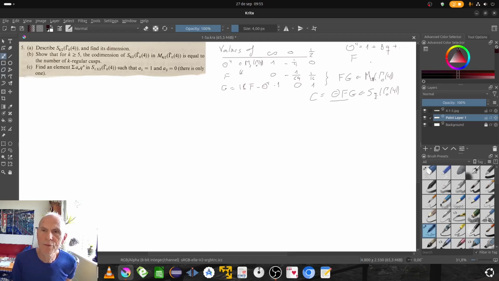And F is Q, and that means that 16 times F minus theta to the fourth gives 8Q. So it has a simple 0 at naught.